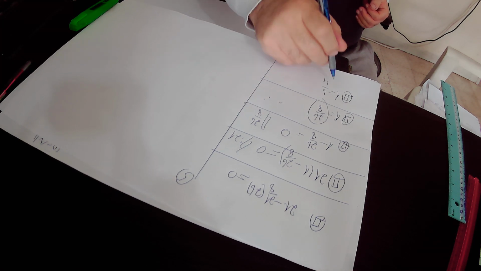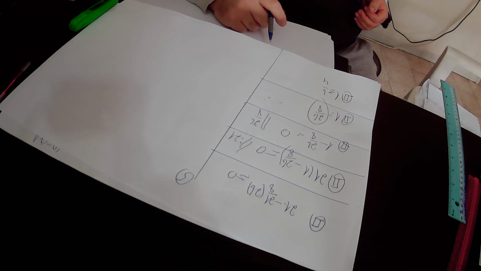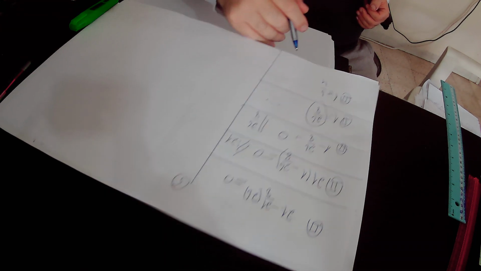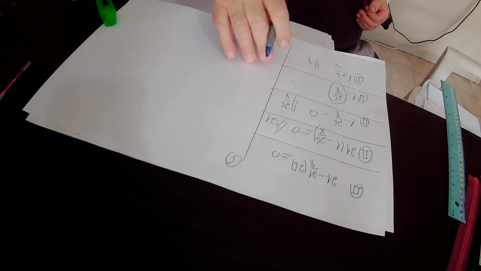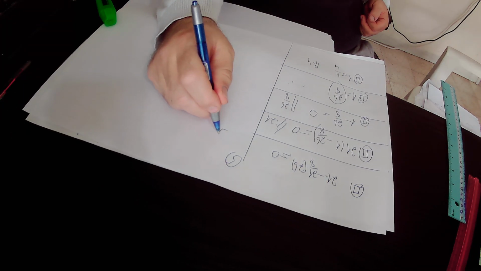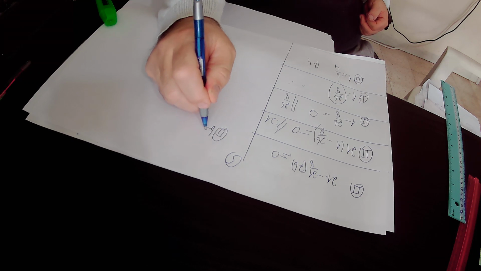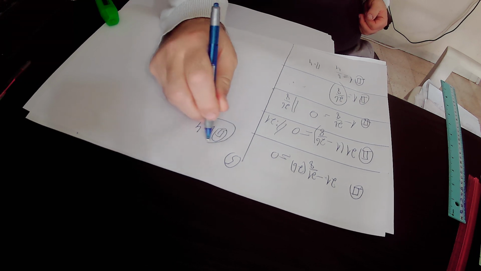So according to equation 2, we found out that 1 equals b over 4. Here we multiply this equation 2 by 4, and finally we get that according to equation 2, b equals 4 units in its length.